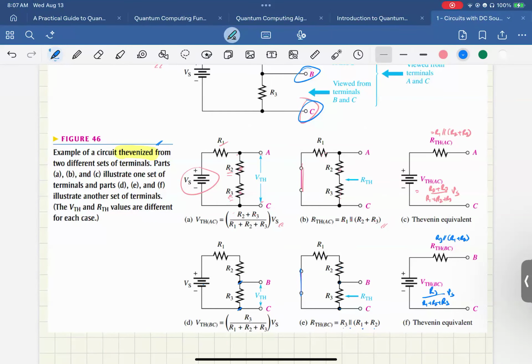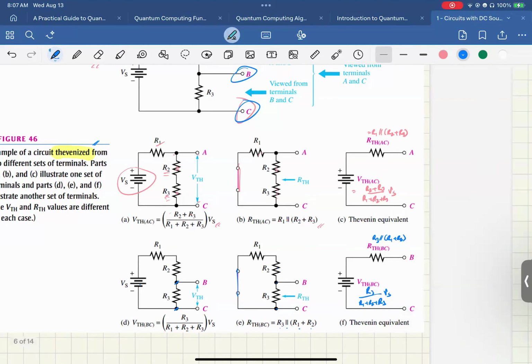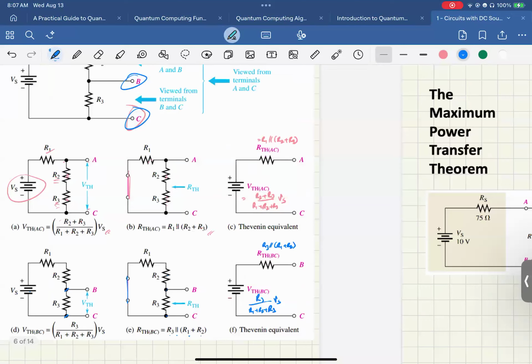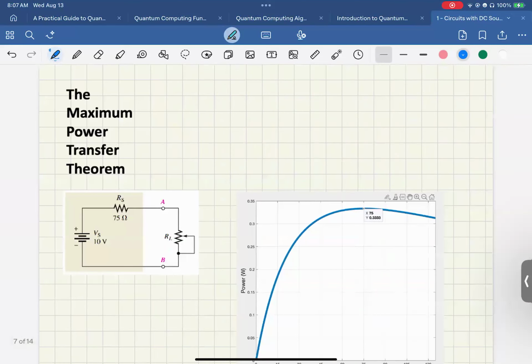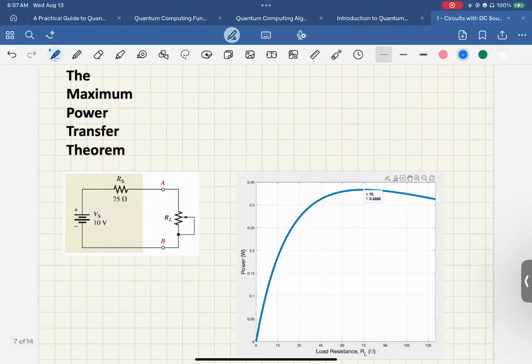Mag-discuss tayo ng examples mamaya-mayang konti, para mas malinaw pa sa inyo kung paano ginagamit yung mga circuits na ito. Okay, so next concept is called the maximum power transfer theorem. It turns out that there is an ideal circuit such that the power transferred from one circuit to another is maximized.